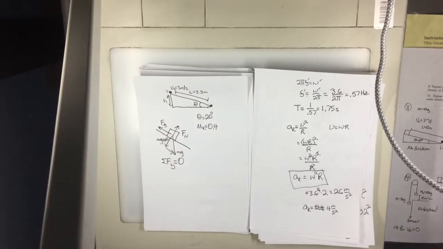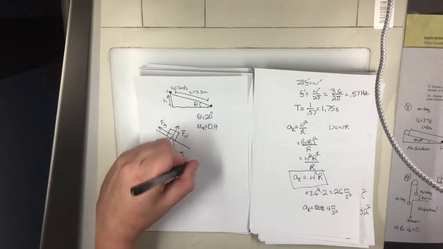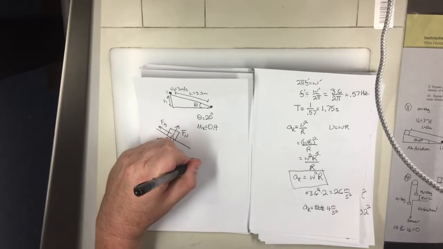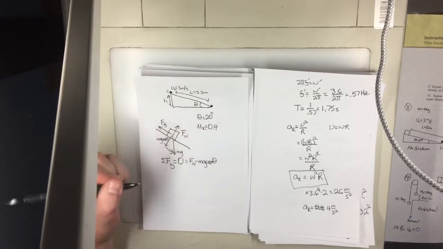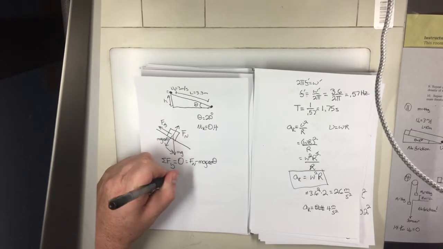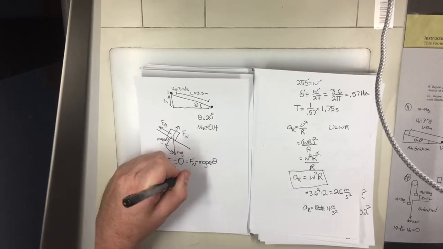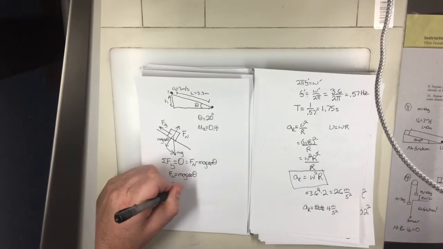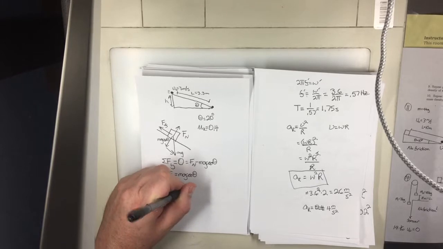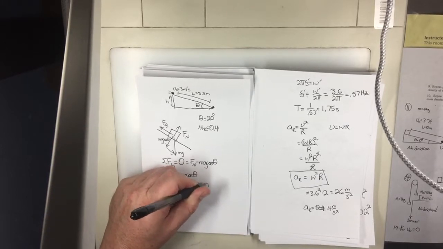I know that the object is not penetrating the surface or flying off. So the normal force minus mg cos theta is equal to 0. So Fn is equal to mg cos theta, and the friction force is mu sub k mg cos theta.